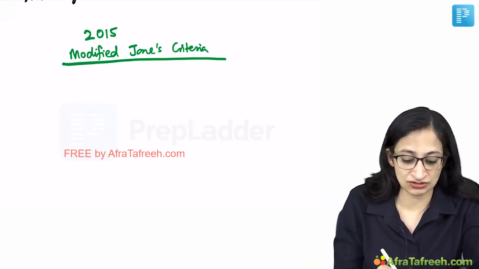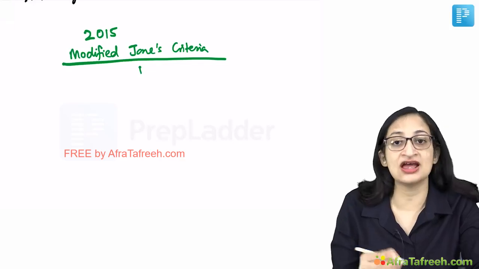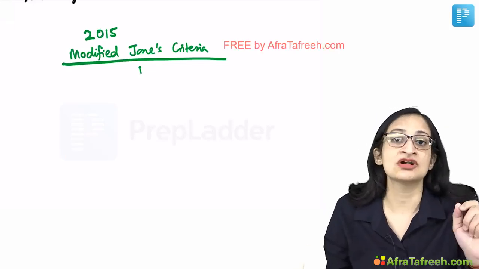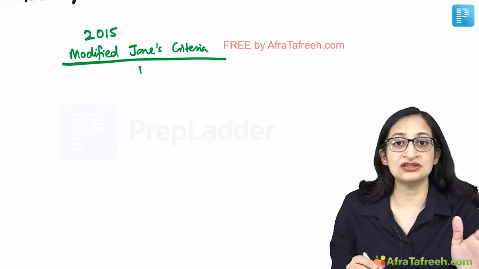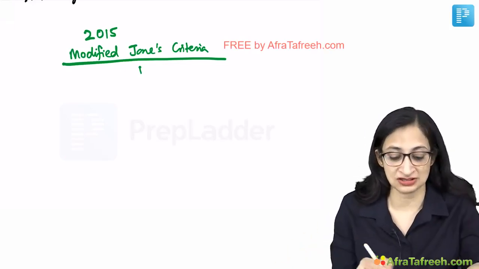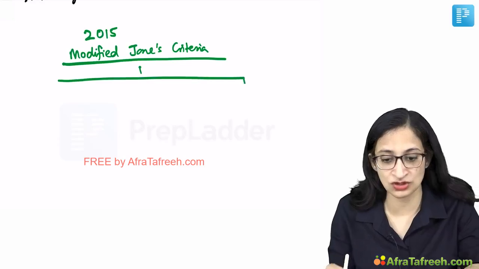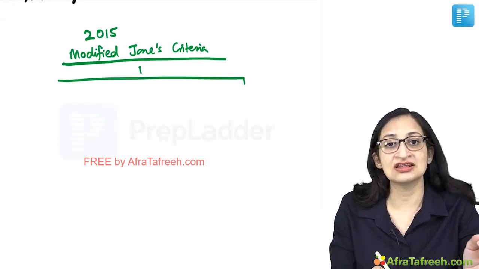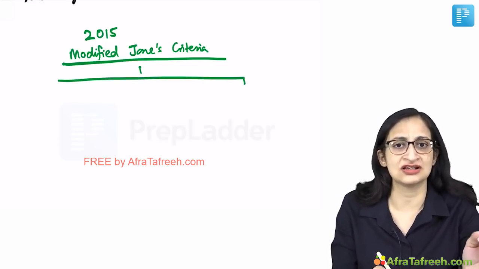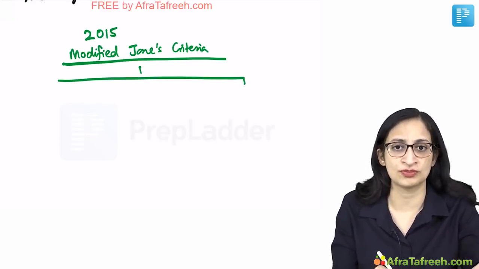In the modified Jones criteria there are major criteria and minor criteria. But in the 2015 modification, the entire population has been divided into a low risk population and a moderate to high risk population, and there is a slight difference in the criteria between these two populations.